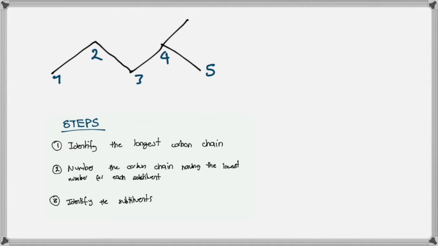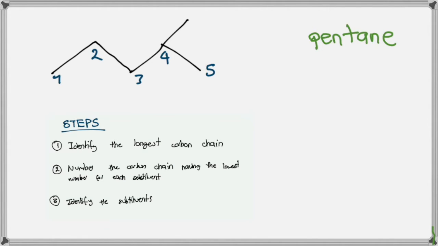So we already have identified the longest carbon chain. We know that it's going to be pent, right? And as it's an alkane, and it has just single bonds, we're going to put pentane, right? So we have pentane.